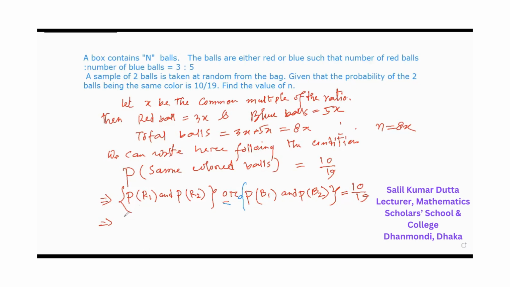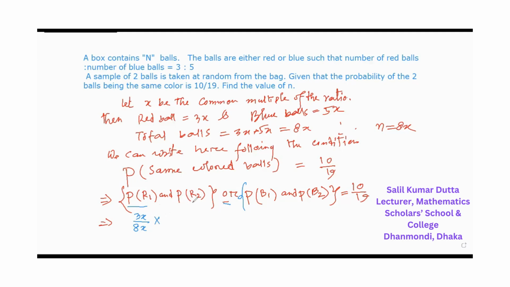So now here, red balls are 3x. What is the probability to have the first ball red? That is 3x over 8x. And I told you that "and" means multiply.